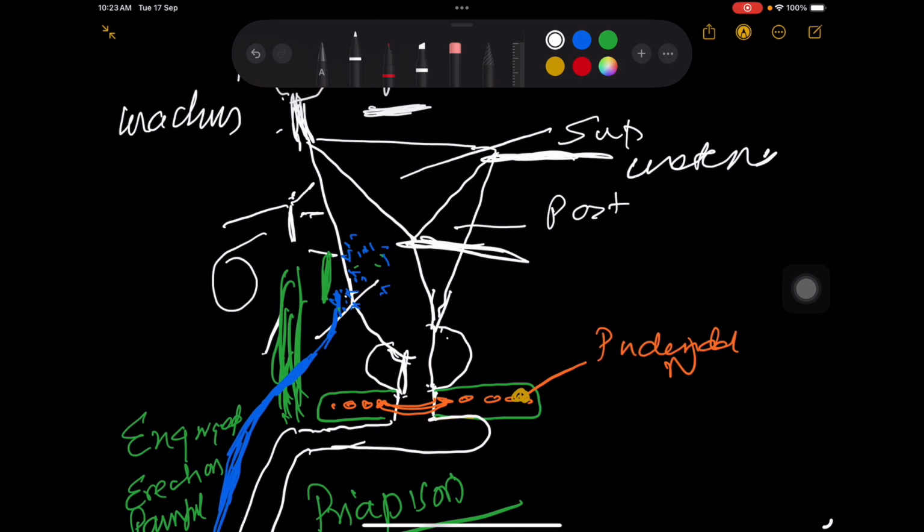Now, coming from the anterior abdominal wall, winding round the ureters from the two sides are the vas deferens.